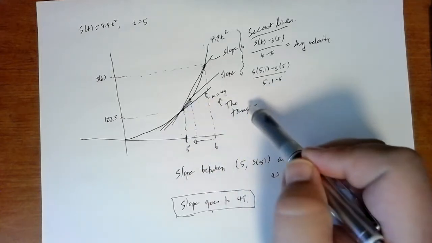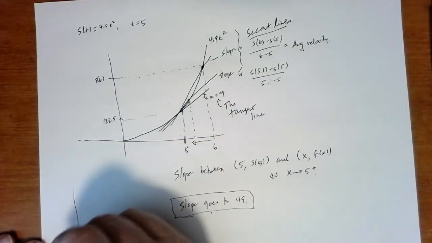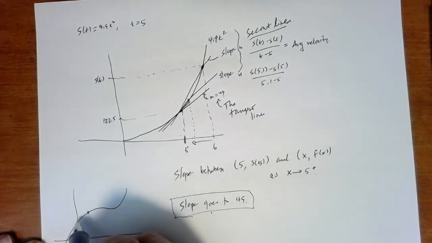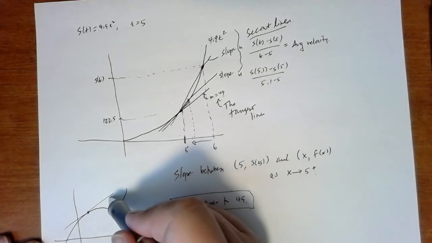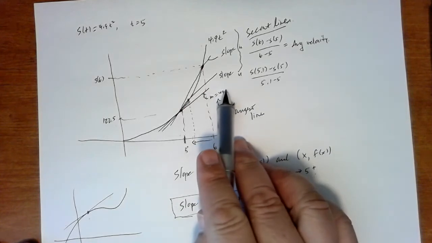So notice that for a tangent line, if we were just to approach the problem and say, here's a curve, here's a point, this visually may look like the tangent line, but how can I get the slope of that line? Because I only have 1 point. This gets away from that problem, right?